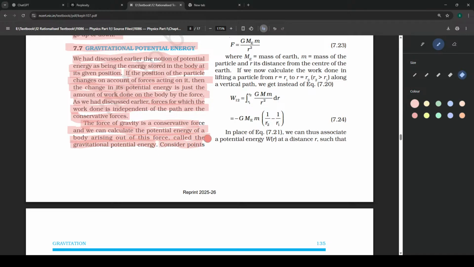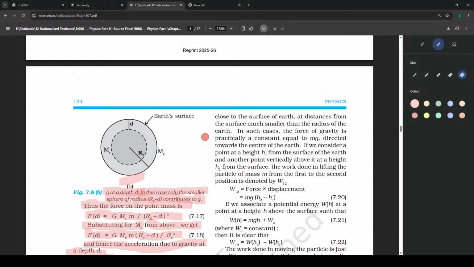Now let's consider points close to the surface of the Earth, at distances from the surface much smaller than the radius of the Earth. First, we consider a point close to the surface of the Earth.